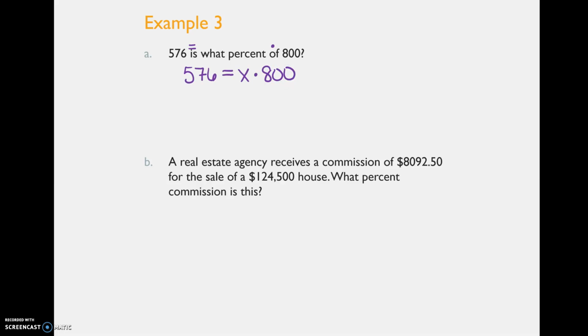If you can take that English phrase and convert it into math, is means equals, of means multiply, we would divide both sides by 800. And we get 0.72. What does 0.72 mean?